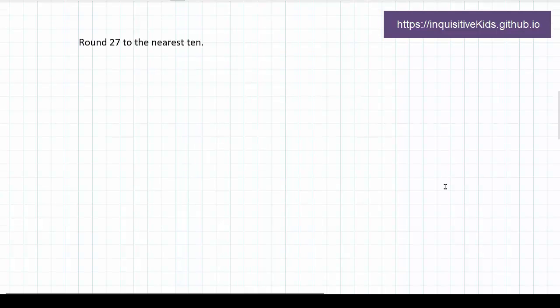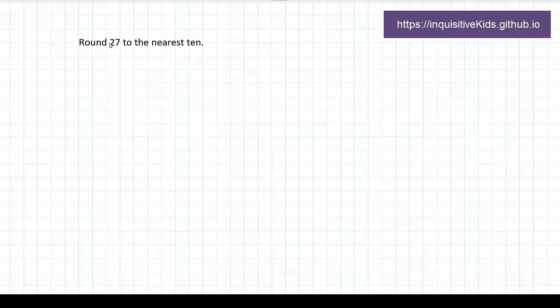Let's try some examples. Our first problem says round 27 to the nearest 10. Before you keep watching, pause the video and try to solve the problem by yourself. All done? Let's check our answers. We want to know what number we are rounding and in which place value it is rounding to.